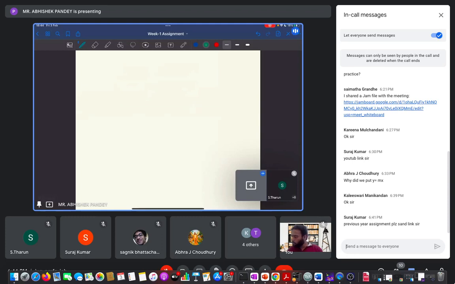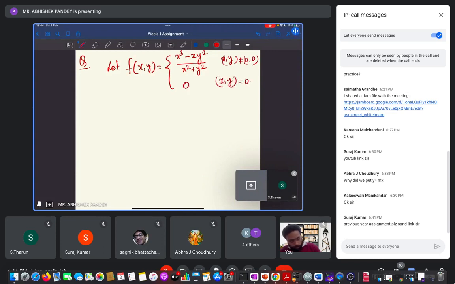So let us solve one problem regarding the partial derivative. Let f of x comma y is equal to (x cube minus x y square) upon (x square plus y square), for x comma y not equal to 0 comma 0, and 0 when x comma y equals 0 comma 0.